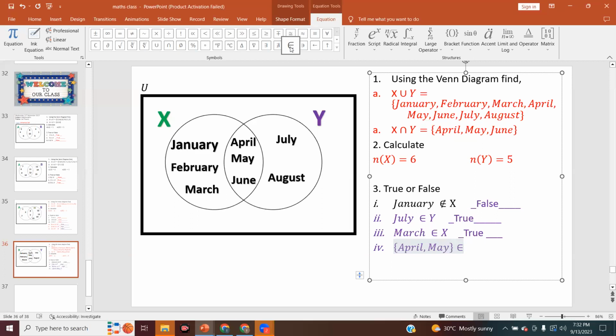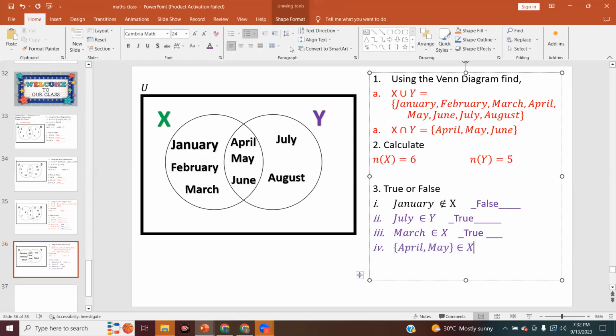So April and May is an element of X. True or false? April and May is an element.